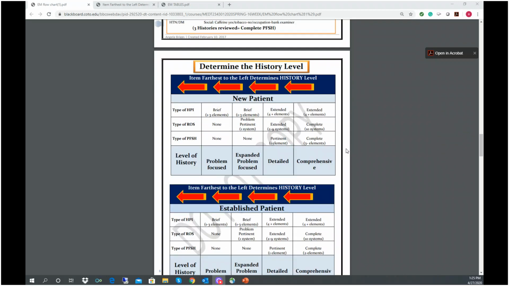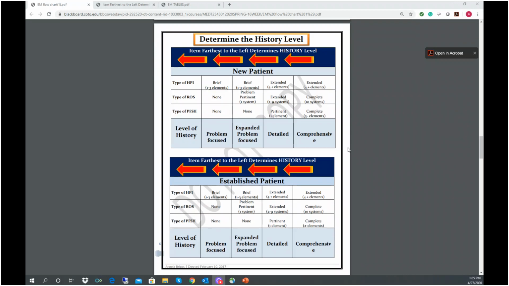The next thing you have to determine is, you take that history, each one of those elements, and you determine the appropriate level. So is it new or established? As you can see, the items furthest to the left determine the history. If we have not met all 3 within there, we have to go to the furthest to the left to determine history.